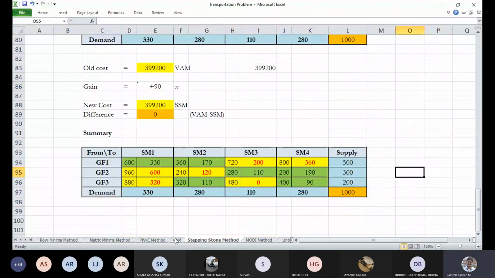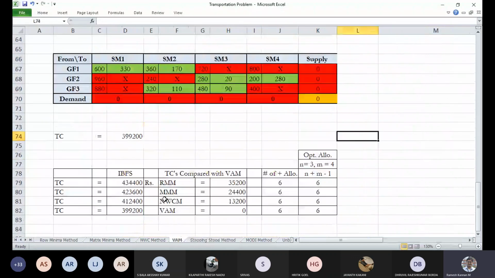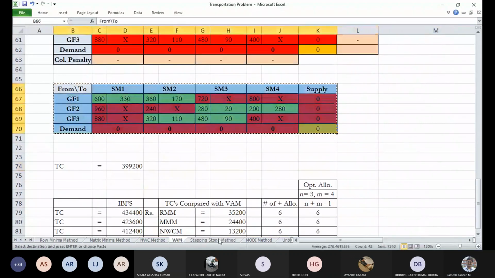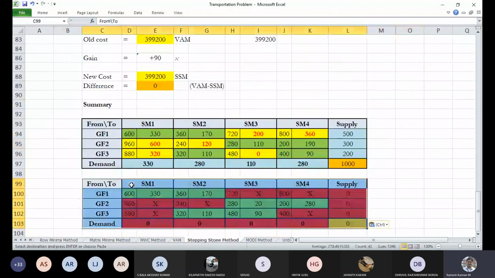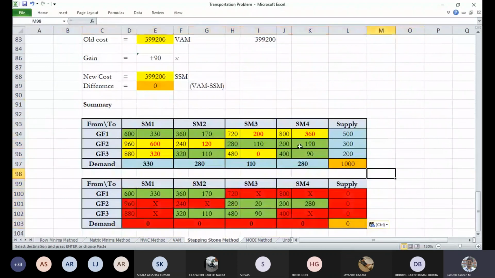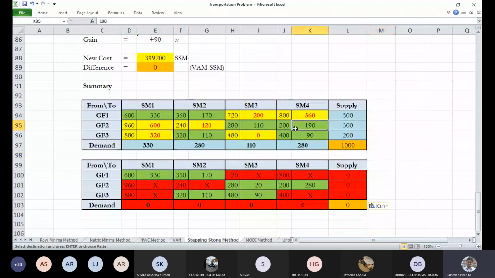So let's compare that with VAM. I'll just copy the final allocations. This is what we get from the stepping stone method, and this is what we get from VAM. But both have the same total cost. You allocate 90 units of 480 and 110 units into 320, and instead of 110 units of 280 you provide 20 units there, and instead of 190 you make it 280.